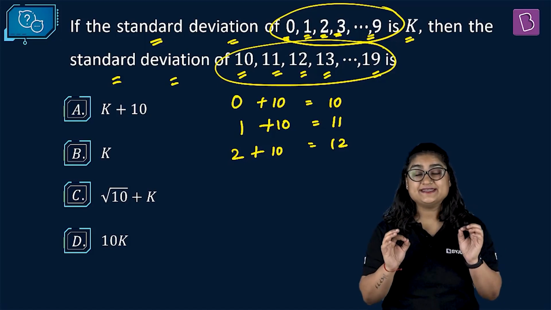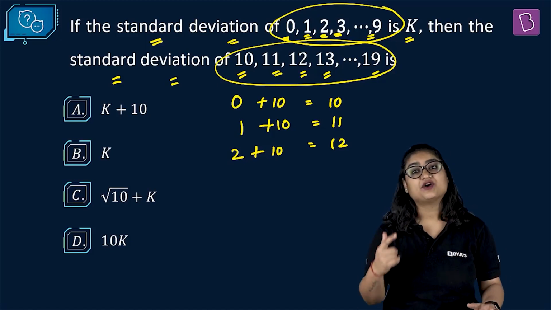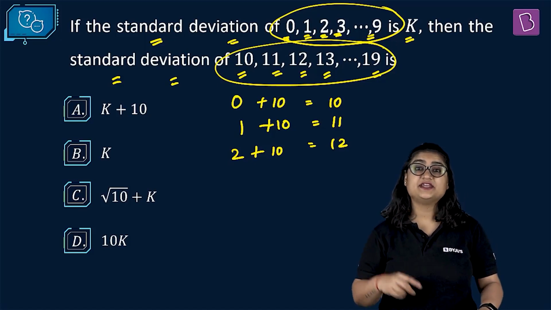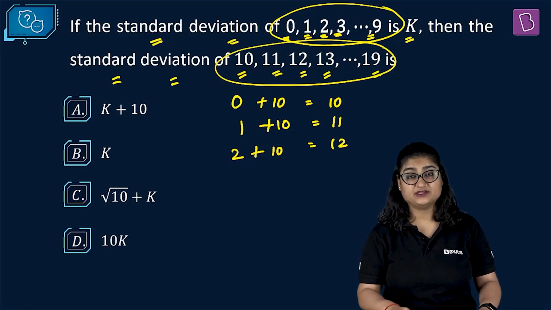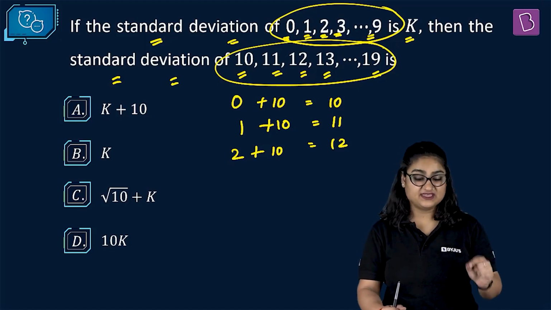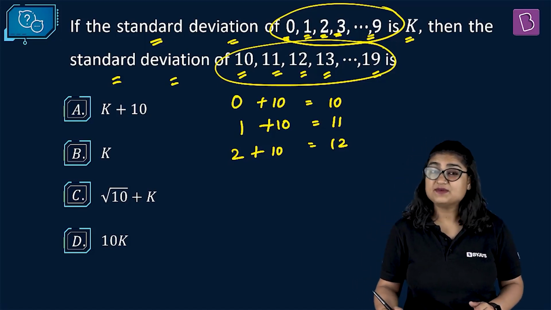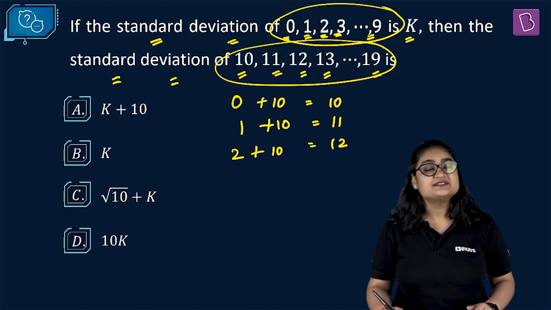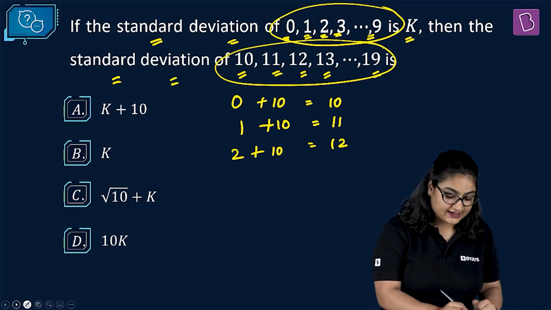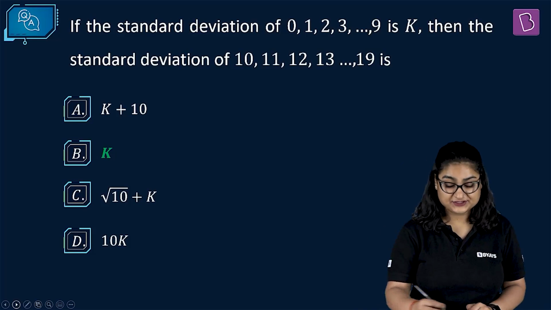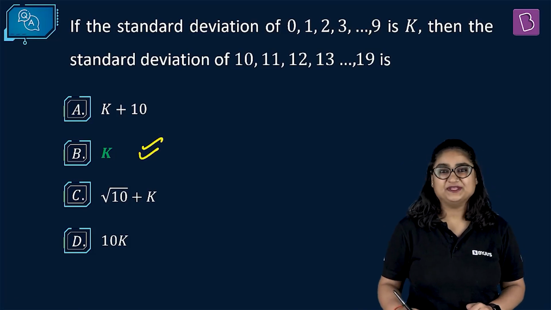And if we are increasing the data entries by a constant number 10, then two things do not change: one is standard deviation and the second is variance. And that's why we can say that the standard deviation for the second data set would be the same as the standard deviation for the first data set, which is k, and it has been given to us in option B. Hence, we can say that the correct answer to this question is option B.